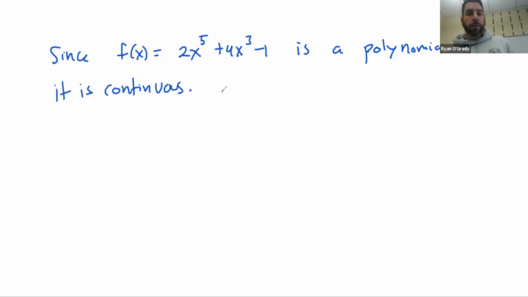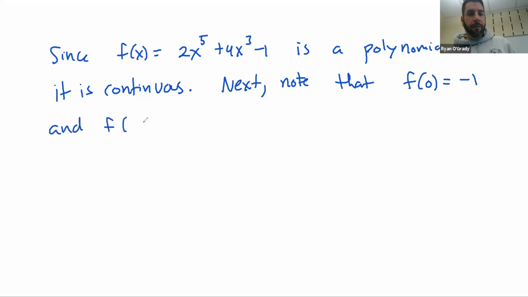So next, note: what is f of 0? f of 0 is -1, and f of 1 is 5.